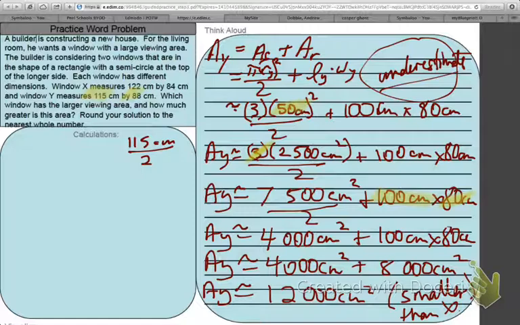So we knew that this would be smaller than the actual value of the window for Y, and I think here it says smaller than X, but we can't conclude that yet. But we know for sure that this area is going to be smaller than the actual. We can say that with confidence because we rounded everything down as an underestimate.